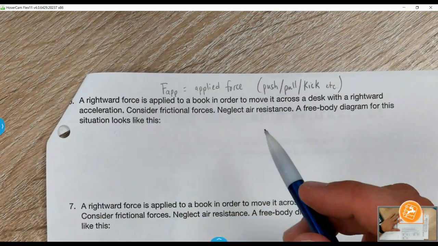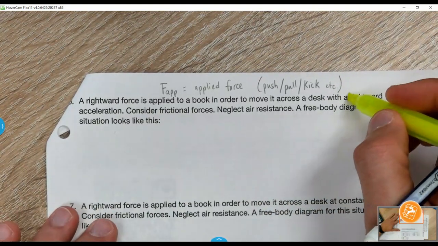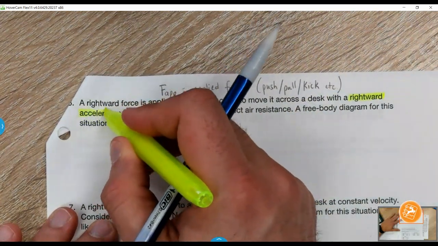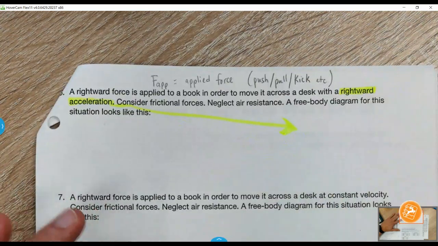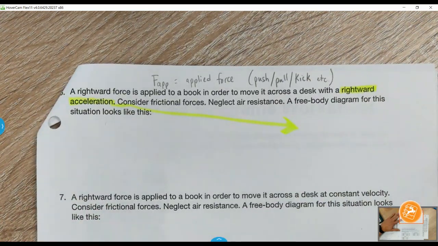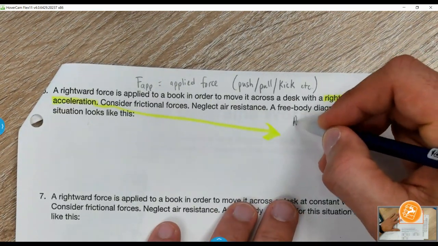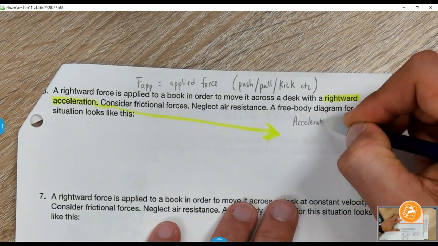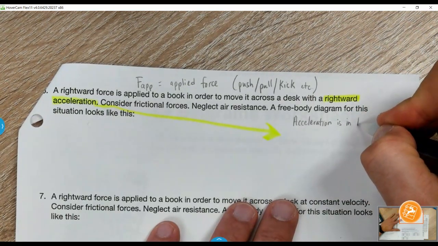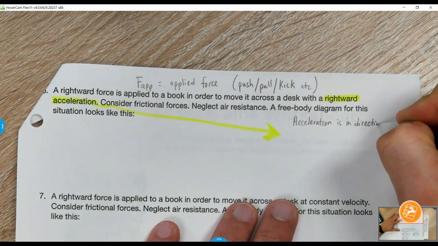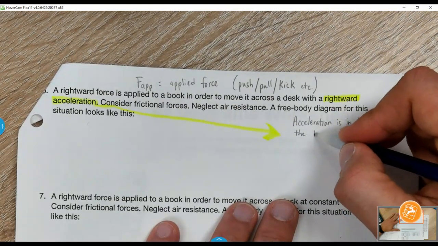Now when they say the words rightward acceleration, we have a rightward acceleration. Acceleration is always in the direction of the net force.